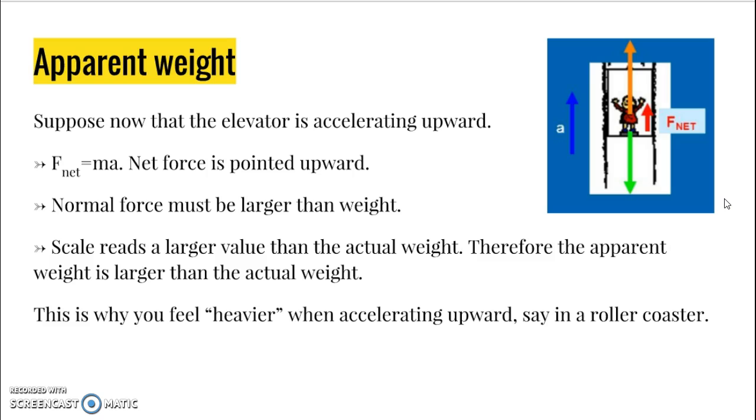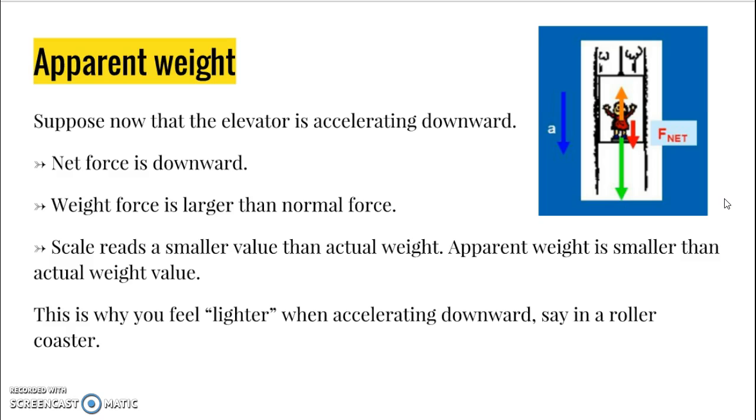So the scale is going to read a larger number than our actual weight, and our apparent weight is larger than our actual weight. This is why you're going to feel heavier when you're accelerating upwards. Say you're in a roller coaster and you get shot straight up or even at an angle, that's fine, but you're accelerating, you feel heavier, and this is why your apparent weight is larger.